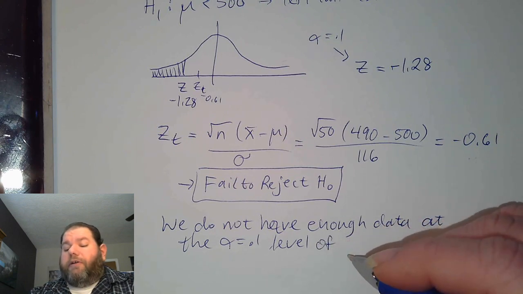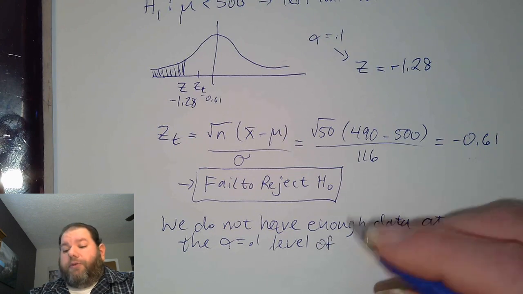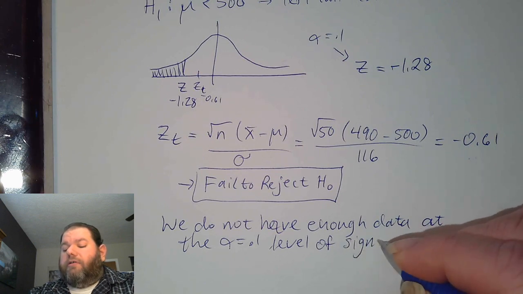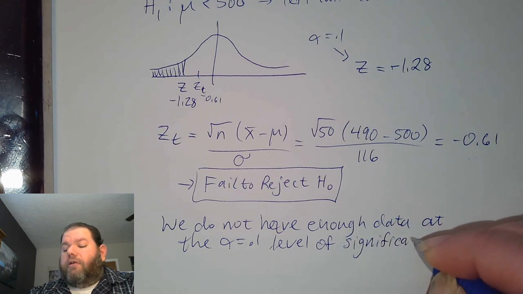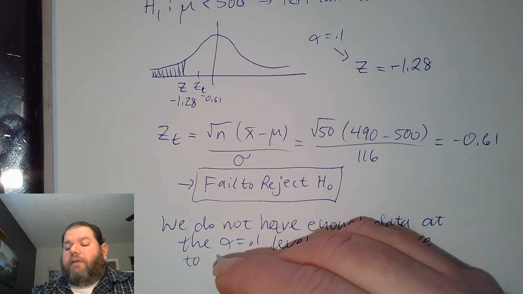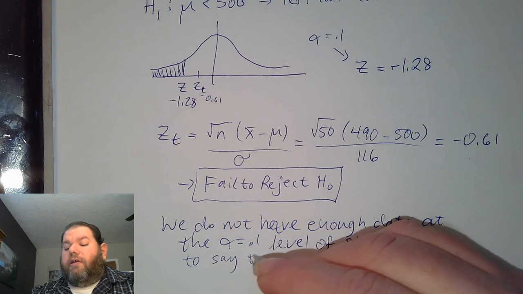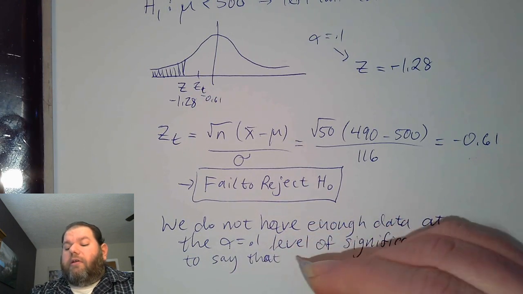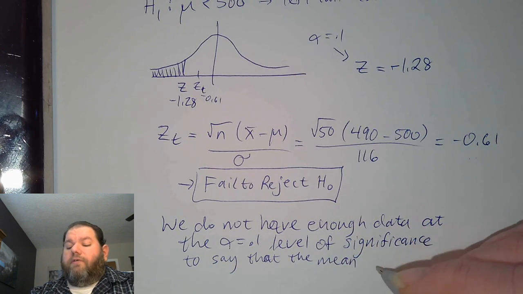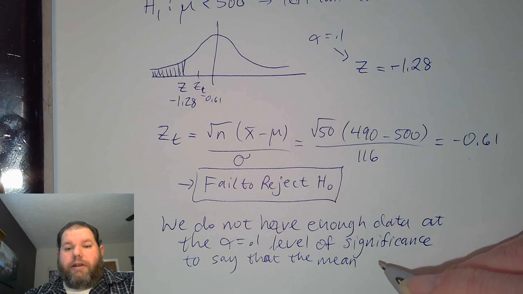So we really did not prove anything with the numbers that I changed it to, to say that the mean has decreased for students that have learned English and another language simultaneously.